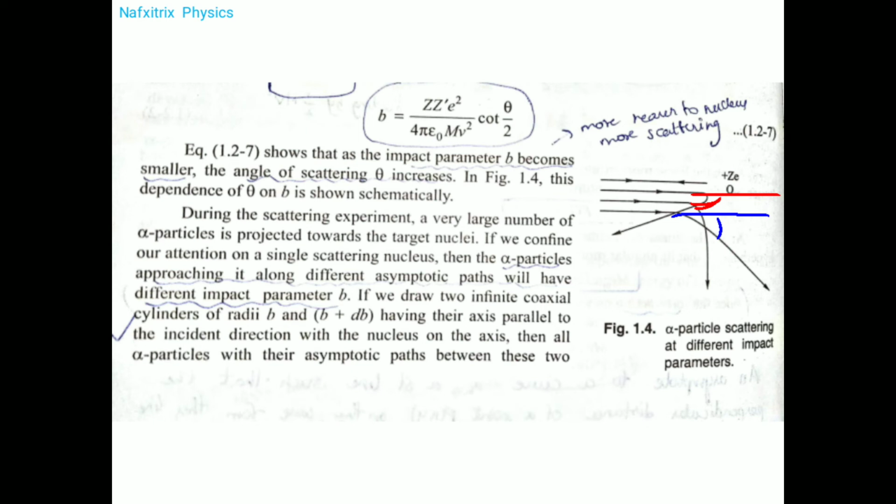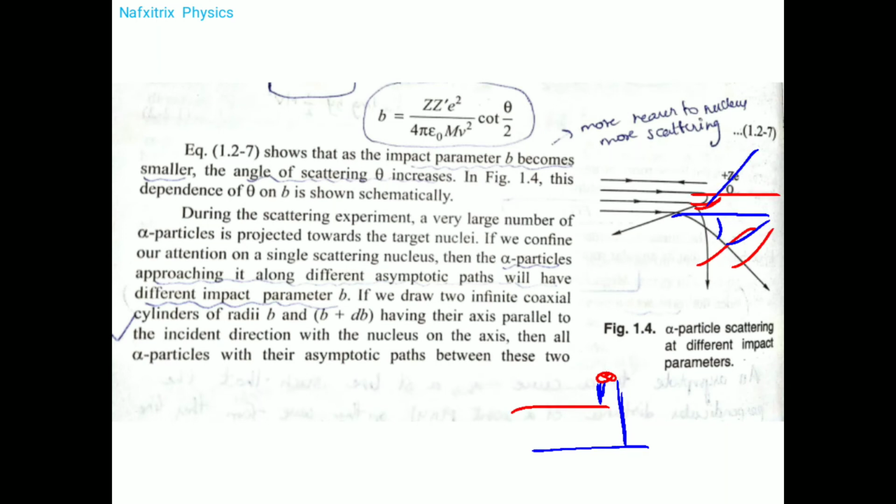So at the blue mark, the angle of scattering is less, but at the red mark, angle of scattering is more, because the impact parameter is less. For the red one, impact parameter is less. That means the closest distance of approach is less. But for the blue one, the closest distance of approach is more. So if this is the nucleus, the red one is here and the blue one is here. So closest distance of approach is less for the red one and more for the blue one. So hence blue one is getting less scattered and red one is getting more scattered.